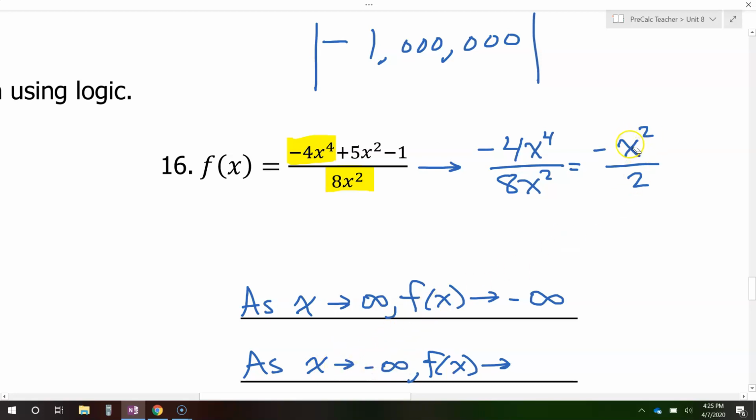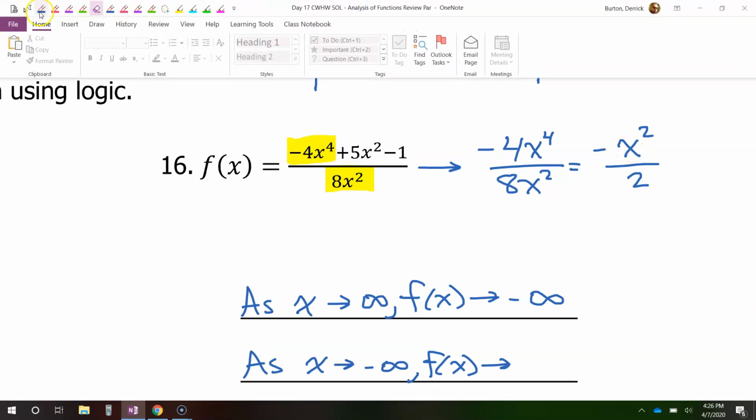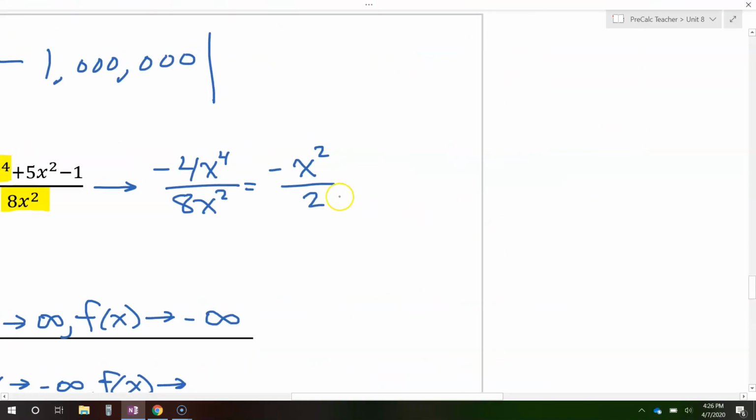So x is getting smaller and smaller, more and more negative. Technically it is incorrect for me to say it's a really big negative number, but I think you understand what I'm getting at. So this is going to be a really large negative number in here.